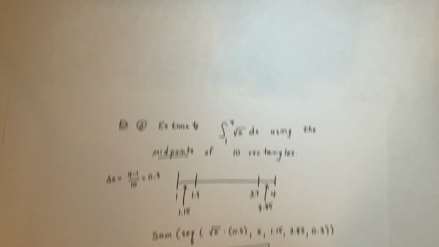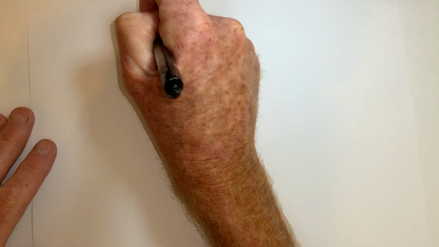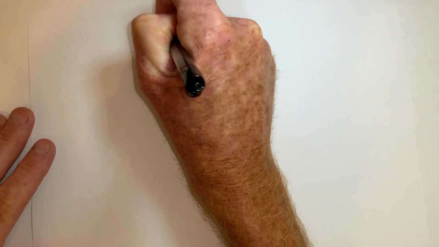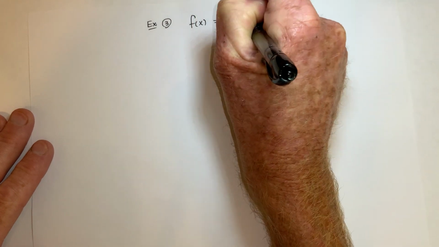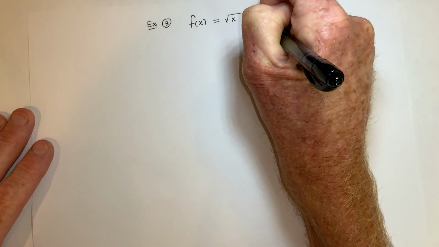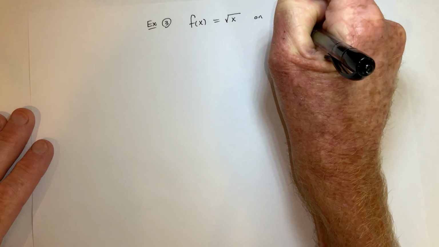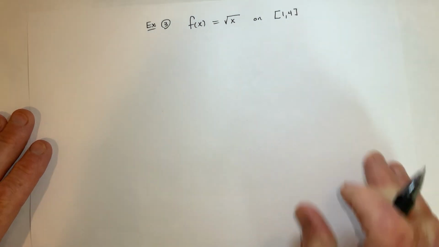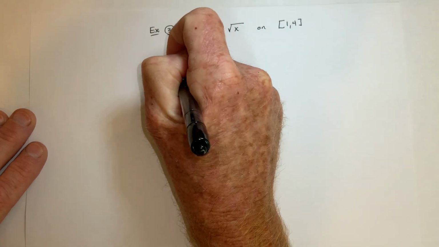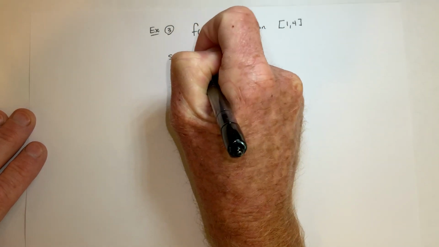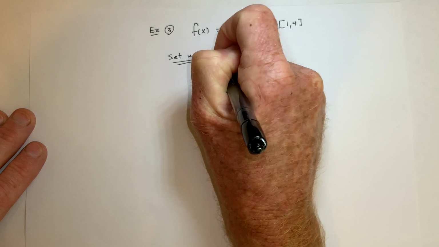Okay, then on to page 2 of the problem set. So this is going to be called example number 3 right here. And suppose that we stick with that same function, the square root of x, on the interval from 1 to 4. So with this, we're just going to set up the integrals.